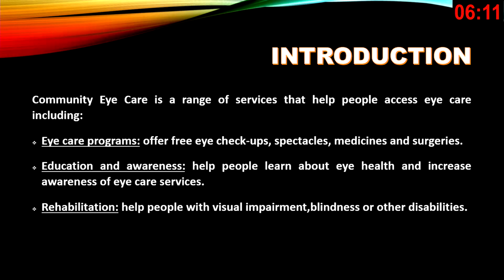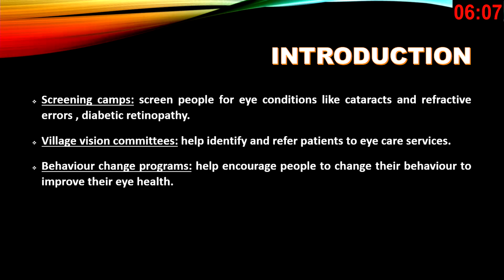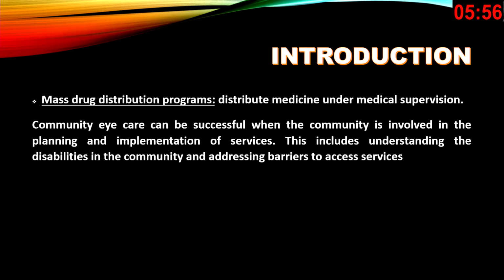They also help people with visual impairment, blindness or other disabilities. Screening camps are being organized. There are village vision committees, and they also help to encourage people to change their behavior to improve their eye health. Sometimes mass drug distribution programs are also conducted, but these medicines are distributed under medical supervision only.